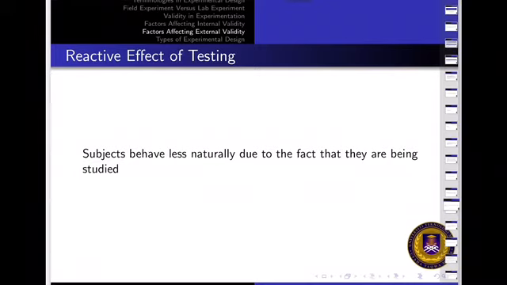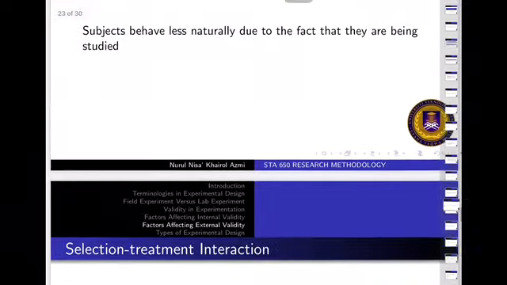Remember, under a lab setting we have interference, so the testing will affect the outcome of the experiment.